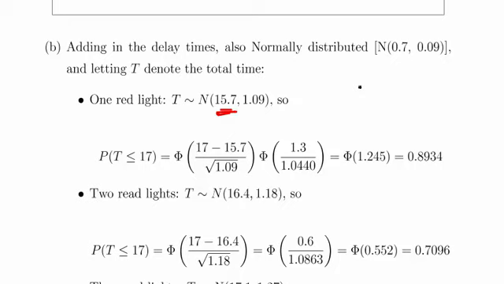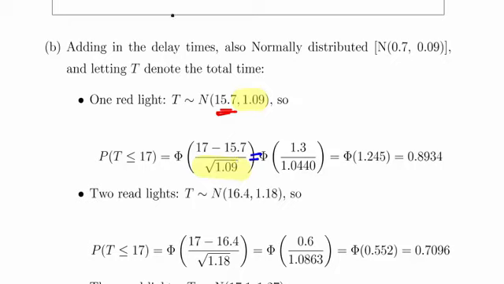So what we have here is the probability of T less than or equal to 17 minutes. We approach it the same way. Here the variance is 1.09. So this turns into a standard deviation, which is the square root of 1.09, and that works out to be 1.0440.